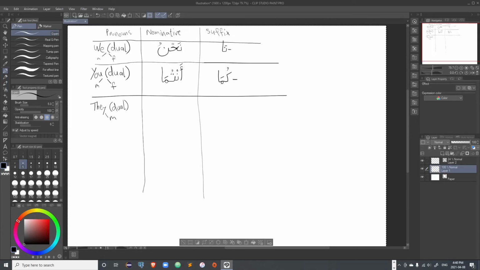Sorry, this is masculine or feminine. What I meant about different forms is in the conjugation. But in both cases, they are written exactly the same way for the nominative and the suffixes.